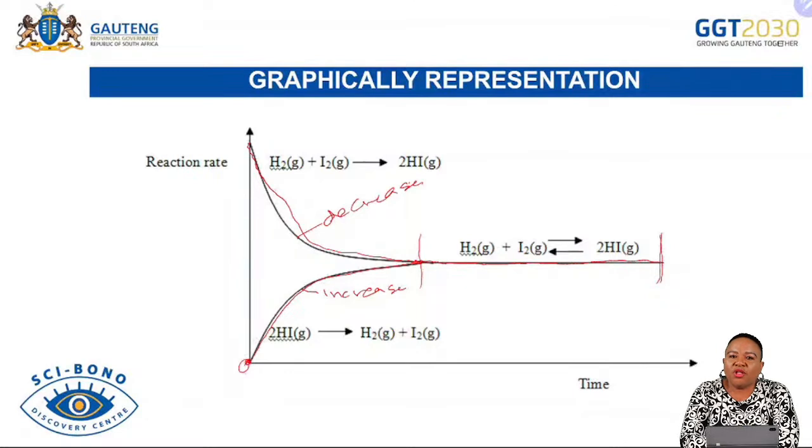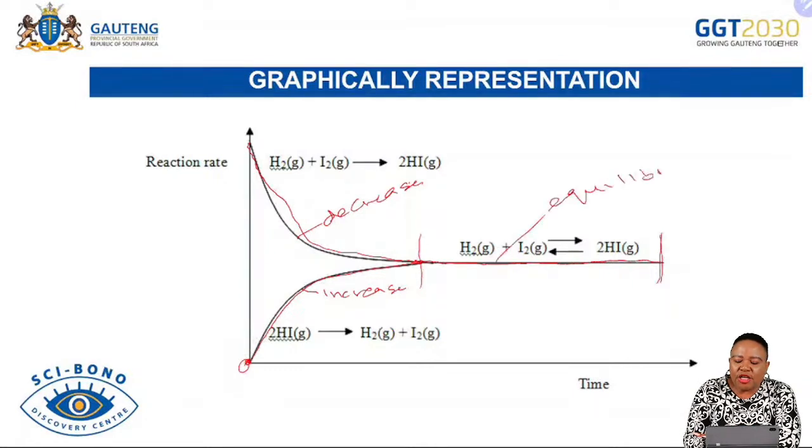It must not be confused with the horizontal line we saw when doing rate of reaction, because in that case it referred to the reaction stopping, when the limiting reactant is used up. But now our reaction will not stop; it will reach equilibrium. And when the reaction reaches equilibrium, the rate of the forward reaction and the rate of the reverse reaction are equal, and we refer to it as dynamic equilibrium.